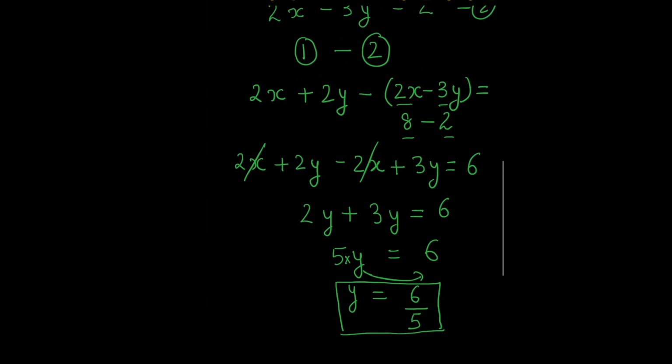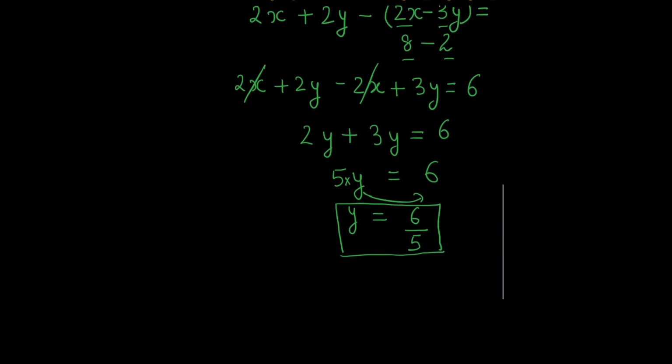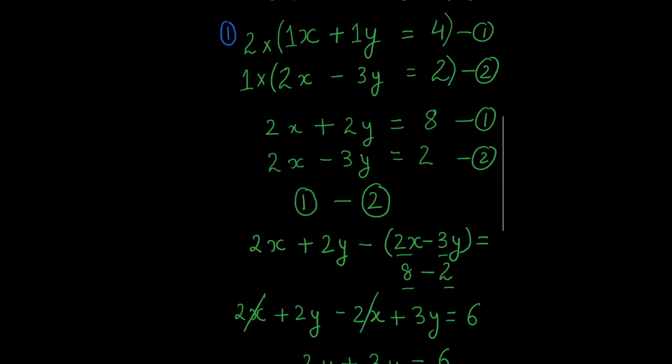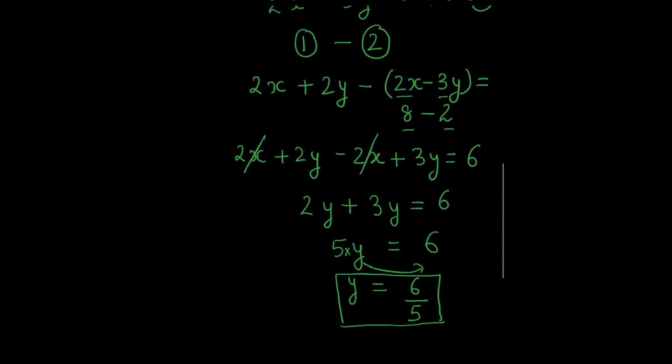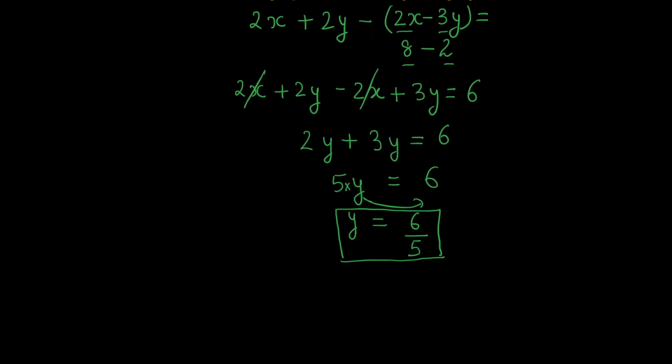Now how to solve for x? We will be using one of the equations again, which is x plus y is 4, and we will put this value in this equation. So this was the first equation, and we will substitute the value of y in this equation. So this becomes x plus 6 divided by 5 equals 4.